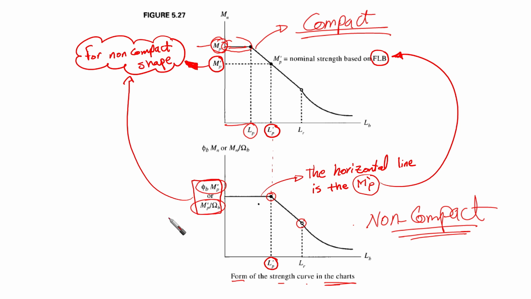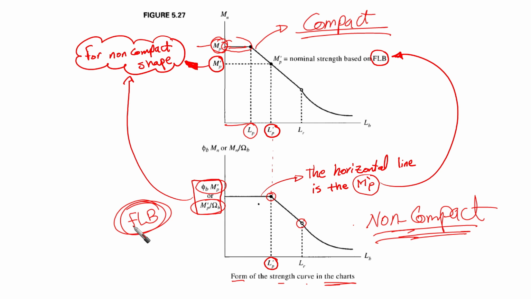In case of non-compact, the failure mode is whether flange local buckling, inelastic lateral torsional buckling, or lateral torsional buckling, right? So the horizontal line must be the flange local buckling, not web, because web is always compact, right?